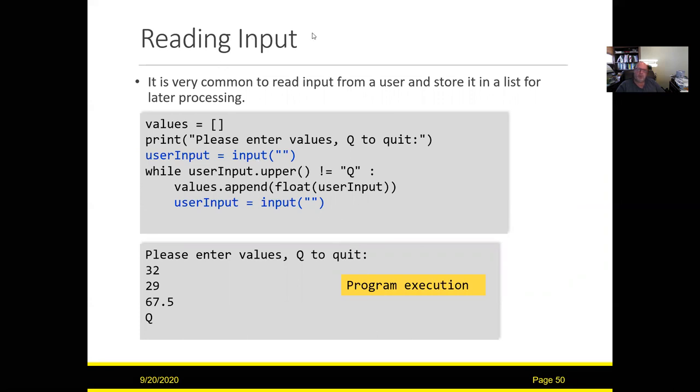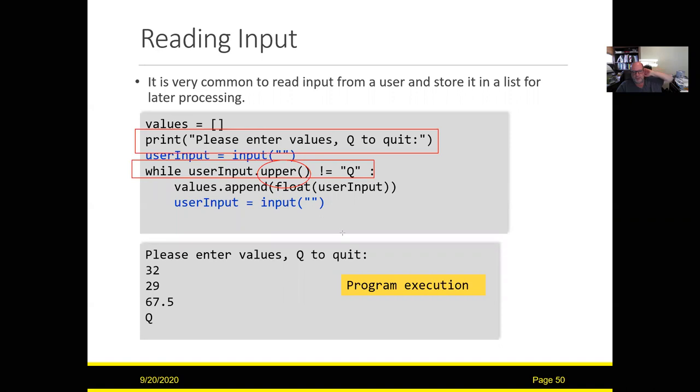We're going to be reading from the user, and then in the while loop, we're going to check for the Q. So if the user puts a Q, of course, we're going to be using the upper, so if it's lowercase or uppercase, we can accept both of them. And if that's the case, we are going to get it from the user, change it to a float, and append it. So we have a list of decimal numbers.